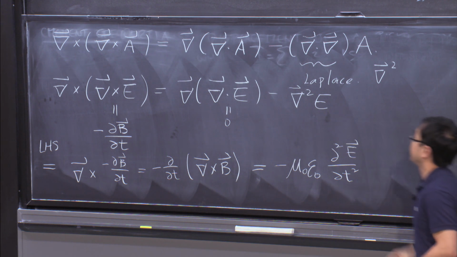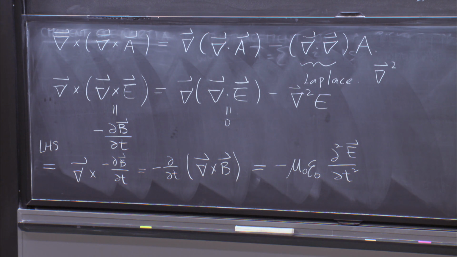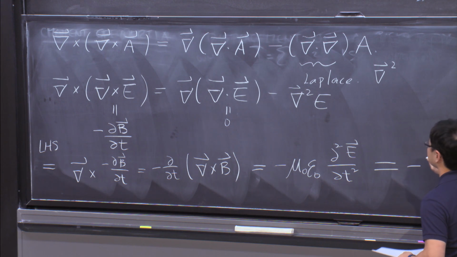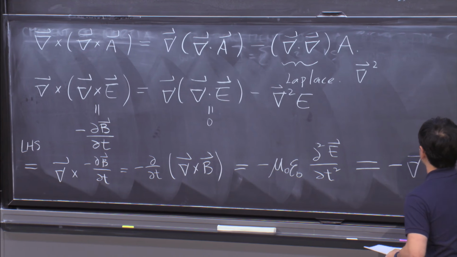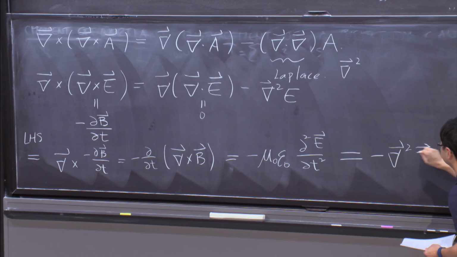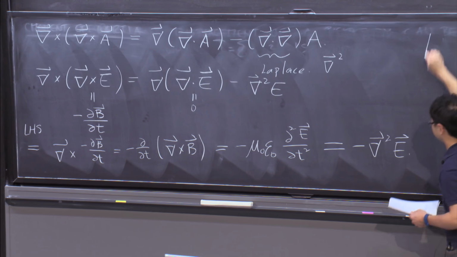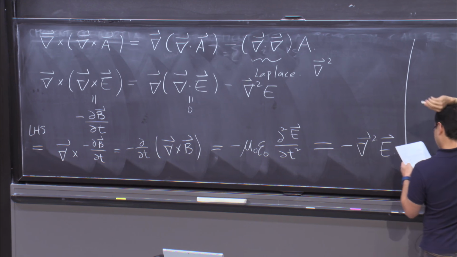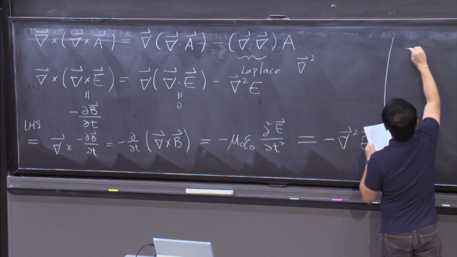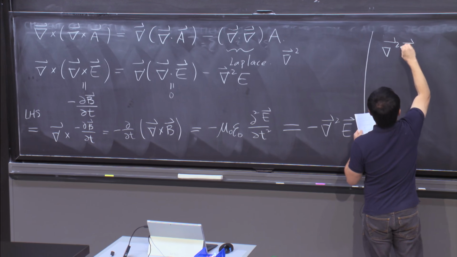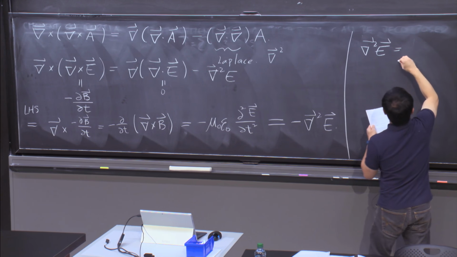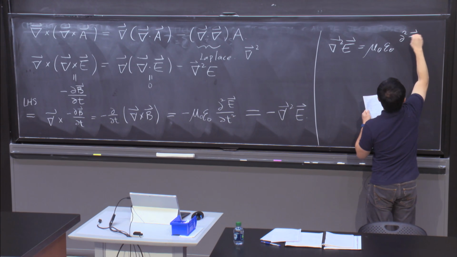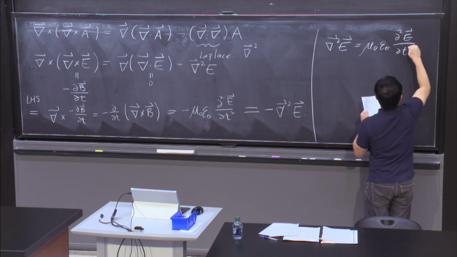And the remaining part is minus del square E. I can cancel the minus sign. Then what I'm going to get is del square E equal to mu 0 epsilon 0 partial square E partial T squared.